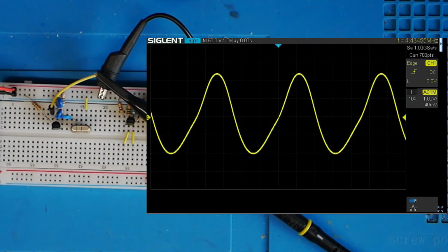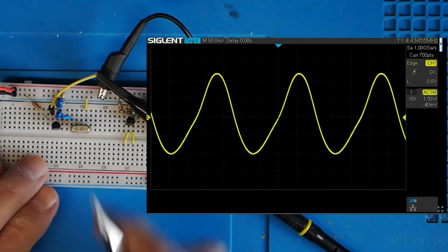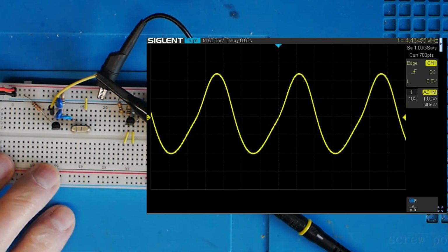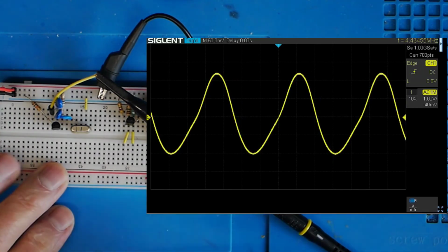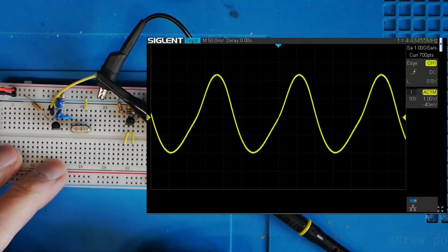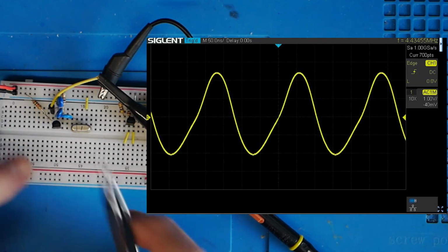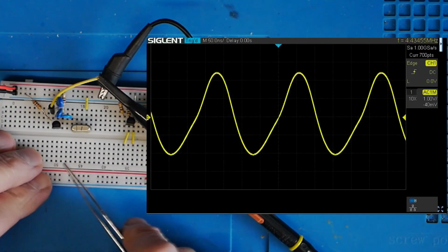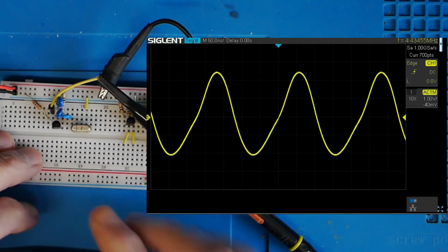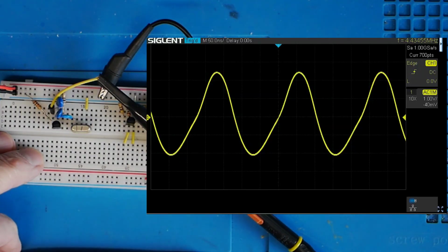As you can see, it's not a perfect sine wave, but it's a great deal better than the previous one. And once again, frequency 4.43455 megahertz. Again, the scope is outside of its calibration, so it's something like that. But that's your parallel resonant crystal oscillator using a single JFET.